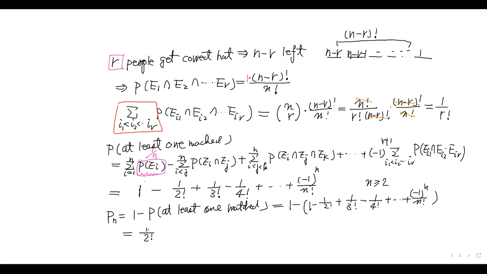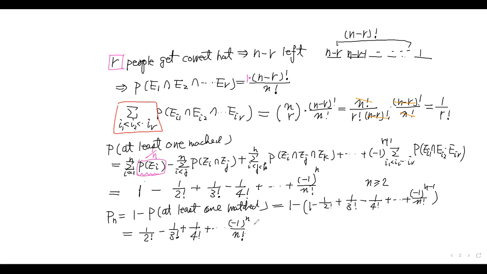And then negative 1 over 3 factorial, plus 1 over 4 factorial, then all the way till the end, negative 1 to the n over n factorial here, right? That's what we proved here. So it's 1 over 2 factorial minus 1 over 3 factorial and so on.